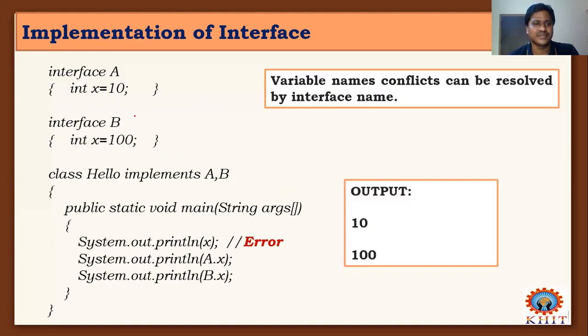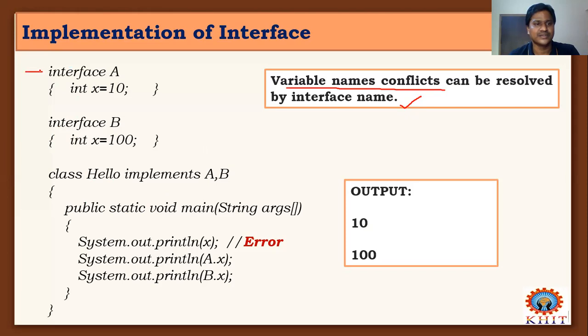Next one. Coming to this example with respect to variables, also given here: variable name conflicts can be resolved by interface name. To understand this point, let's understand the behaviors of these interfaces and classes.